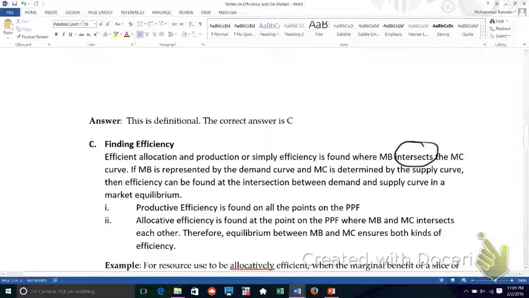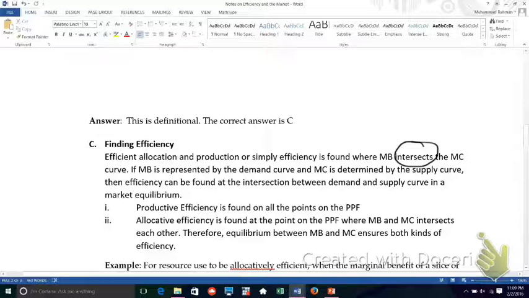If marginal benefit and marginal cost curves intersect each other, we will find an output level, and that output level will be the output level at which the society achieves efficiency. So remember that the intersection between marginal cost and marginal benefit tells you the output level at which the production is taking place at the minimum possible cost, and the society is putting the highest possible value on that good.